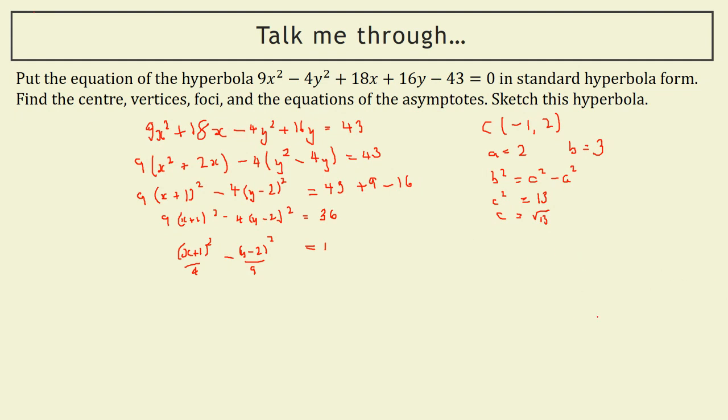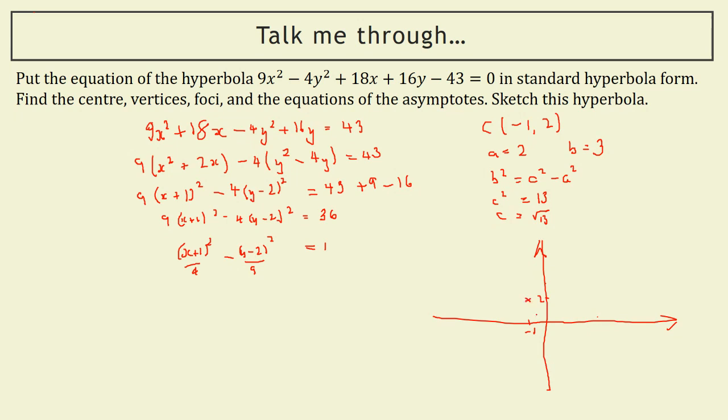And I would do a little sketch to start and help yourself out with this. Let's start with our sketch, and we know where our centre is, minus 1, 2. So let's do a minus 1 and a 2 is there.